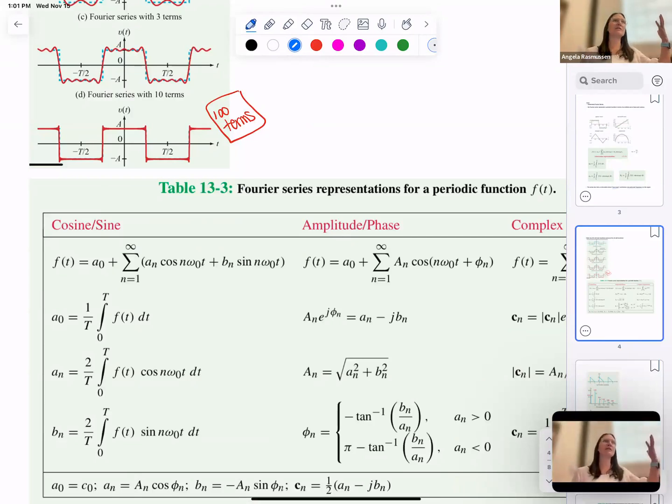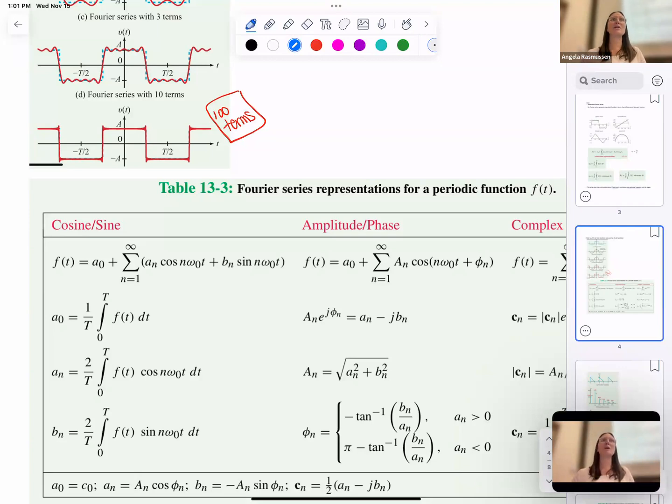Have you guys seen Fourier series, Fourier transforms in math? I'm seeing some yeses. Which math did you see it in? Do you remember which math? There was a simple that were about this. Okay, but not in math class here. Oh, well, I did see one on that JPEG instruction, the inverse Fourier transform. Okay.